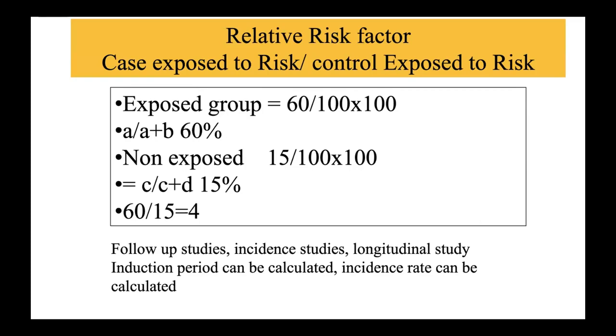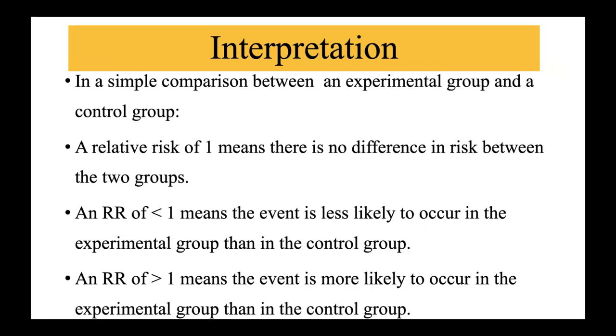We want to see the exposure and the outcome. If the relative risk is lesser than 1, there is no association of exposure with the outcome. And if it is greater than 1, then there is a definite association of the risk with the outcome. So this was about the cohort study.